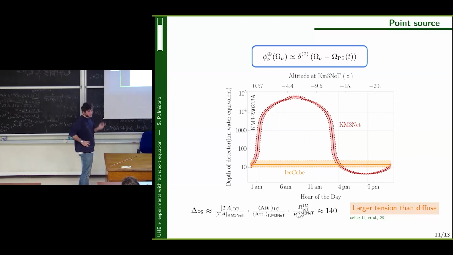Special in the sense that they yield events such that IceCube would not be able to see any events from that kind of physics, where KM3NeT can see a lot.